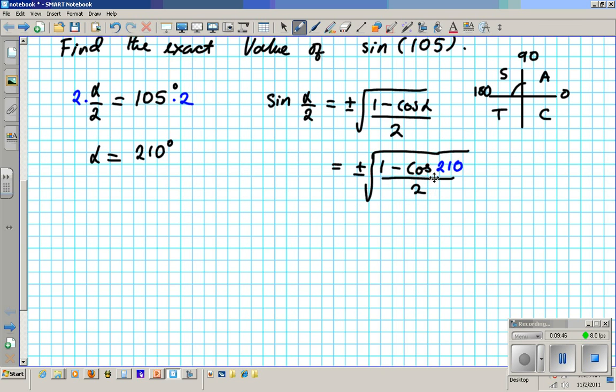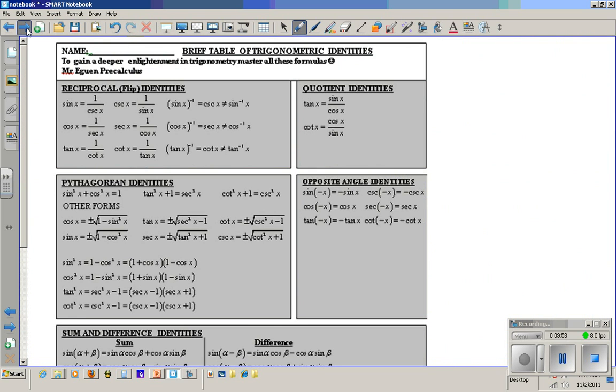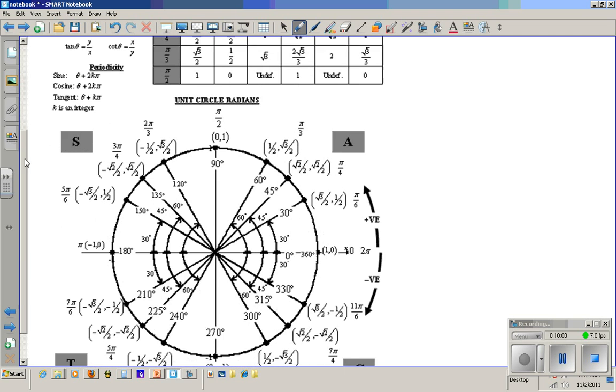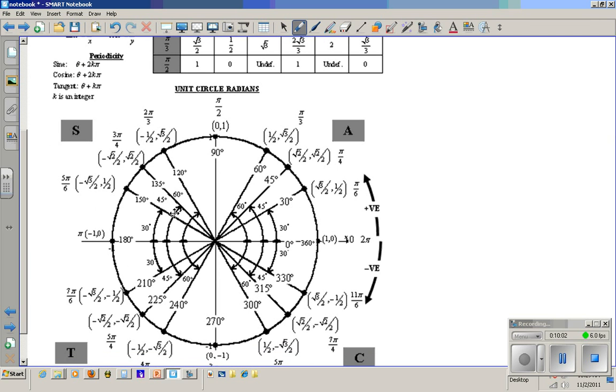Now, cosine 210. What is the value of cosine 210? You need to go to your unit circle and look for the x-coordinate of 210. So if I go to my unit circle, right here, that goes 210. And remember, this is your cosine, the x-coordinate, this is your sine. So cosine is actually going to be negative root 3 over 2 because that's the x-coordinate of 210.